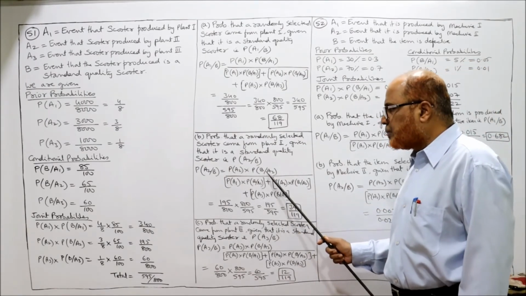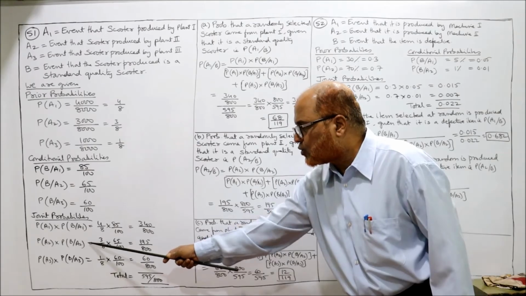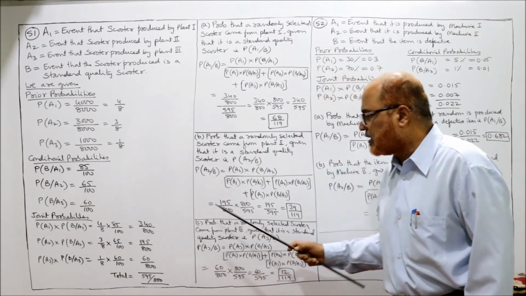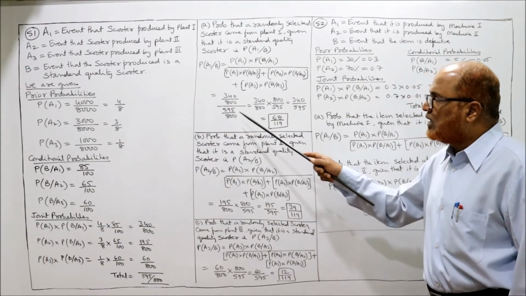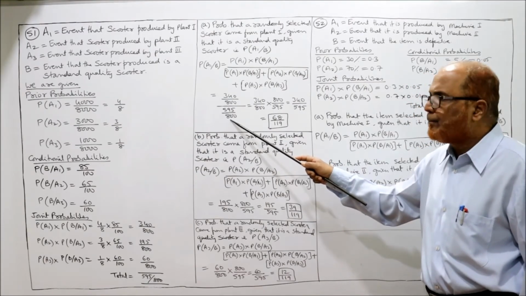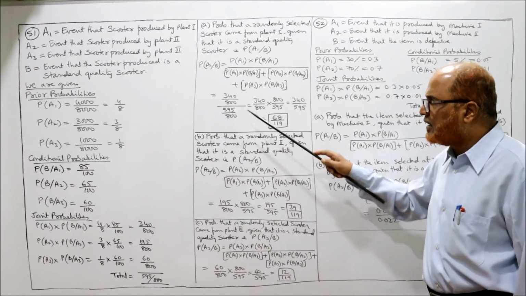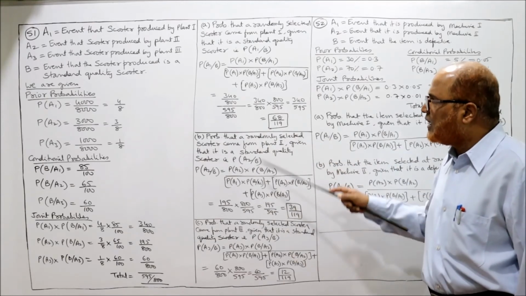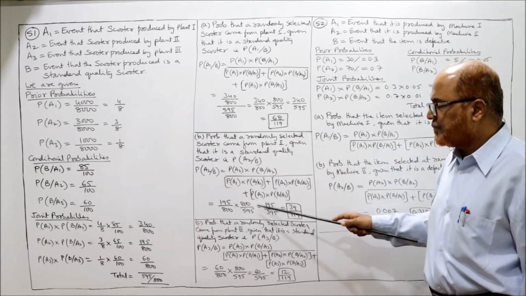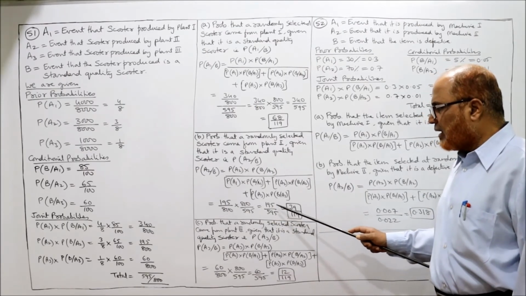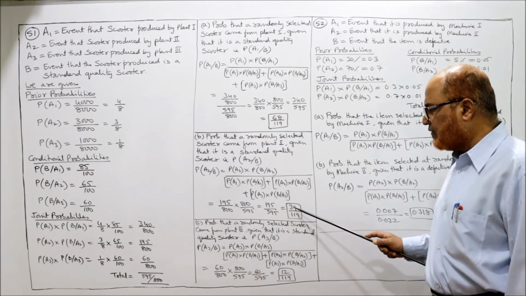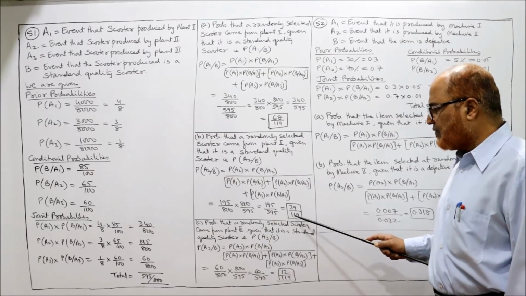P of A2 into P of B given A2 is 195 by 800, divided by 595 by 800. If we convert it to into, it becomes 800 by 595, so 800 and 800 will get cancelled. 195 by 595. Now see, it will cancel by 5: 5 3s are 15, 5 9s are 45, 5 1 is 5, 19.